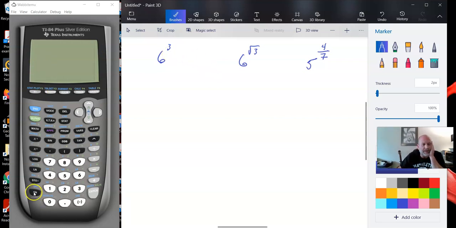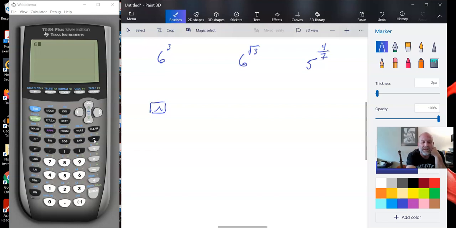So let's see here. We've got to turn it on. If we're going to do 6 to the third, we need to know where our exponent button is. For the TI calculators, it's a little symbol that looks like this. You see it on the keyboard of your computer.